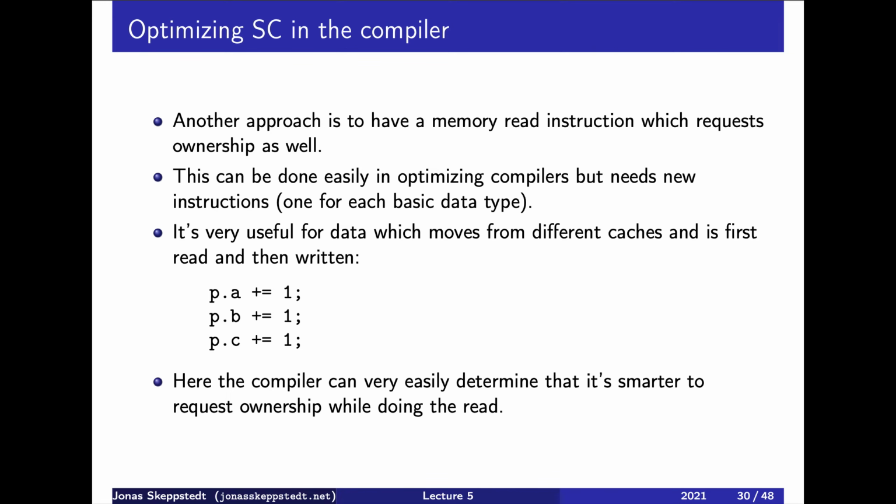Actually, it's very effective just to look at what happens in the same straight code sequence, but by doing data flow analysis between so-called basic blocks or parts of a function, it will be somewhat more efficient. Disadvantage of this, of course, is that it would need new instructions, namely 1 for each basic data type.